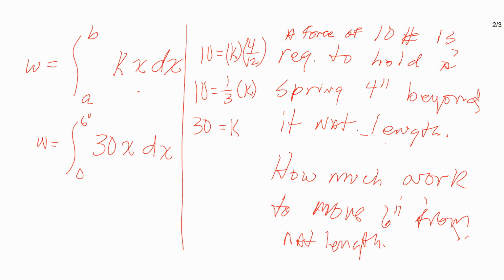Now, the problem that we have is this guy, that's not in feet. So, W is equal to 0 to what? 1/2? Yeah, that's fine. 0.5 of 30x dx. All right, finish it.